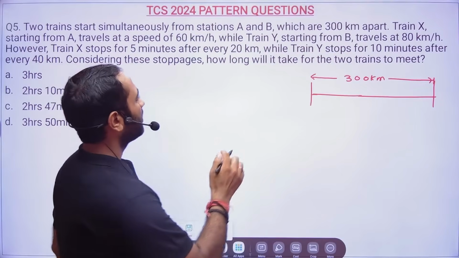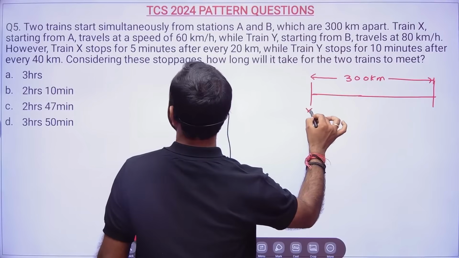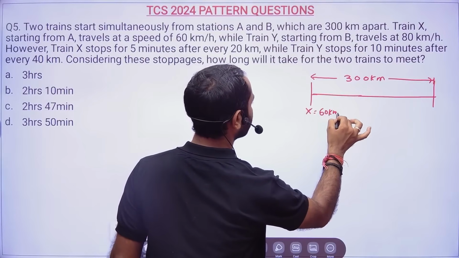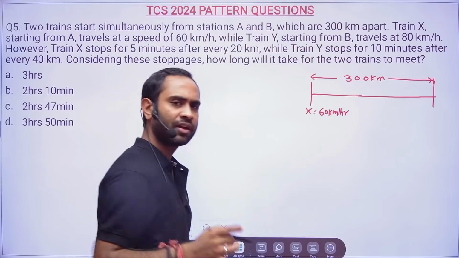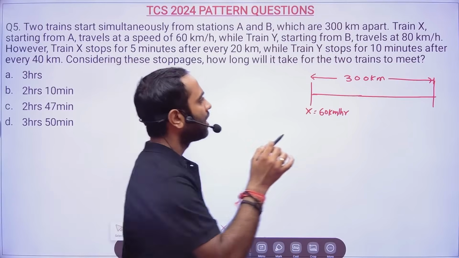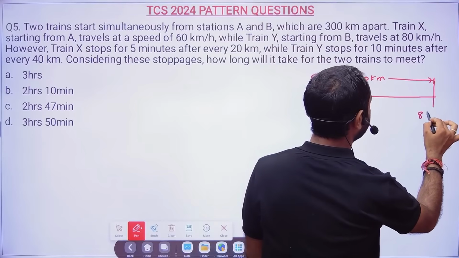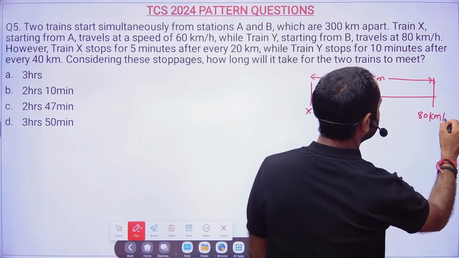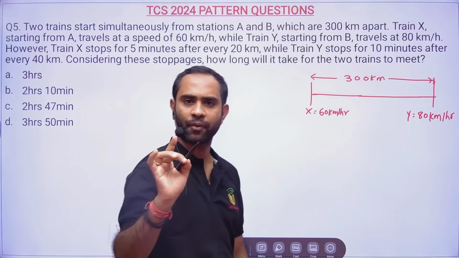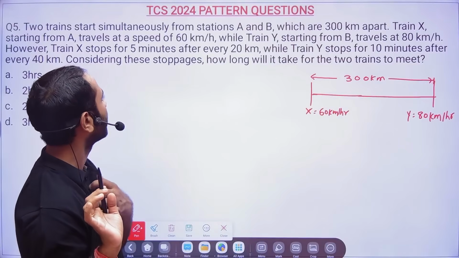So what they're telling is, there is a train X traveling at a speed of 60 kilometers per hour. That means in 1 hour, train X covers 60 kilometers, and train B is traveling at 80 kilometers per hour. That means train Y can cover 80 kilometers in 1 hour. Clear? Fine.